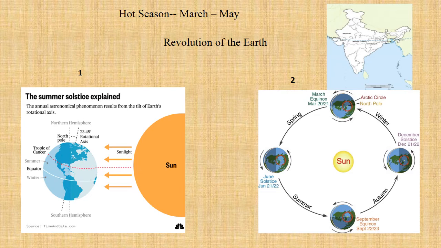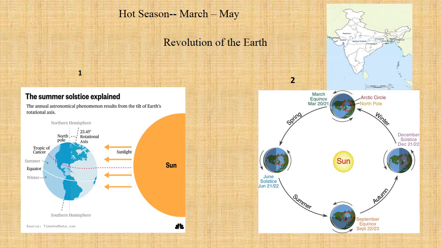When the earth revolves around the sun, at the position on 21st June, the angle of sun rays will be 90 degrees on the Tropic of Cancer. During this journey from March to June, the angle of sun rays will range high between the equator and the Tropic of Cancer. Now let's pay attention to diagram number 1.